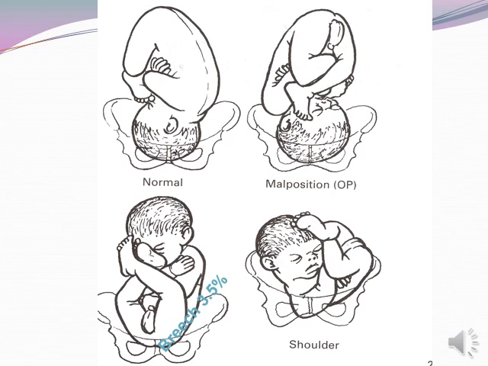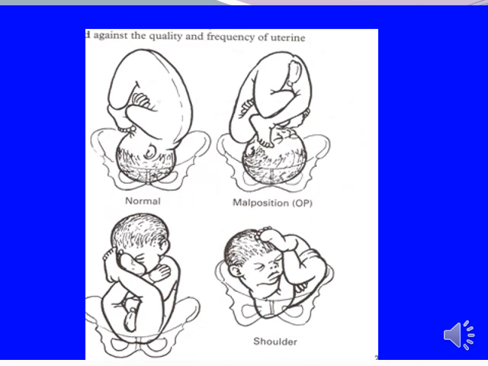And here is what's known as shoulder or transverse lie, shoulder presentation. Again, longitudinal lie cephalic, longitudinal lie breech, and transverse lie shoulder.